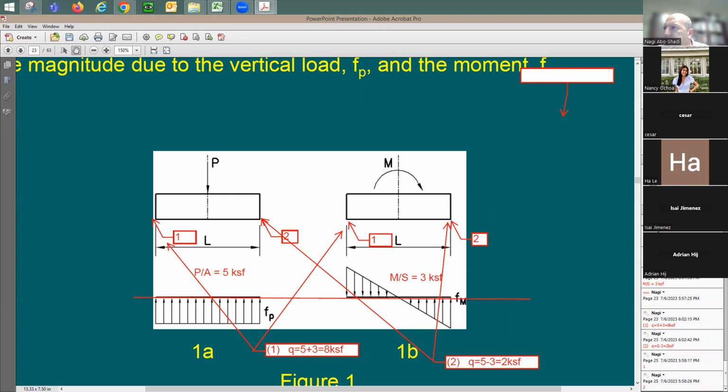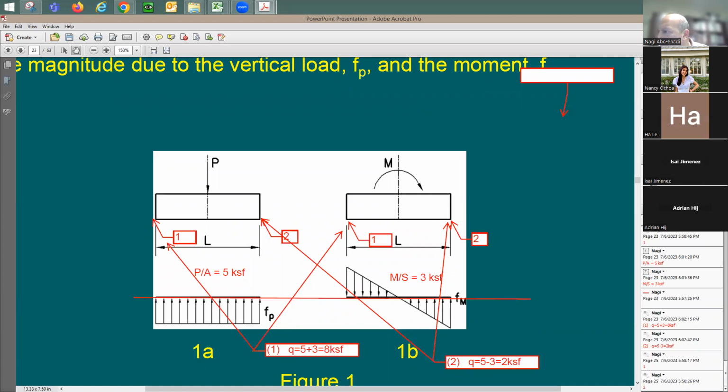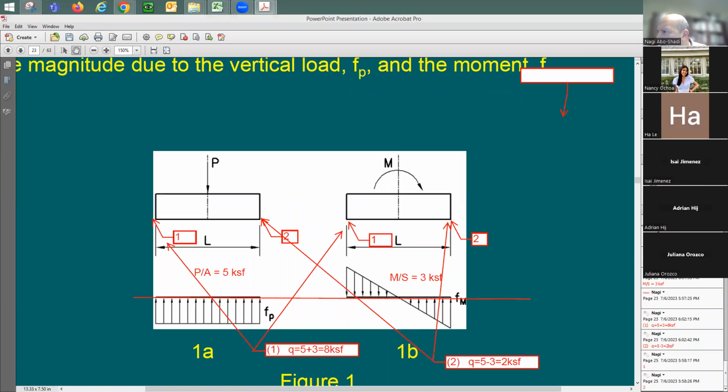Should I ask someone? Gabriel? He typed it on chat. So this 2 is going to be compression or tension? This is correct, Gabriel. It's going to be compression because I assume compression to be positive. So this is good. I'm done with this.